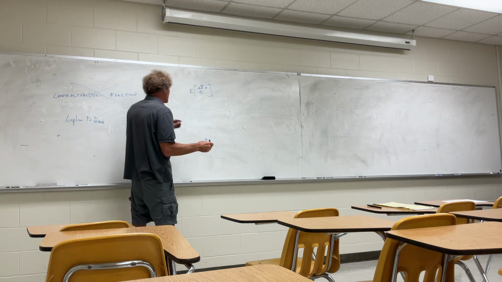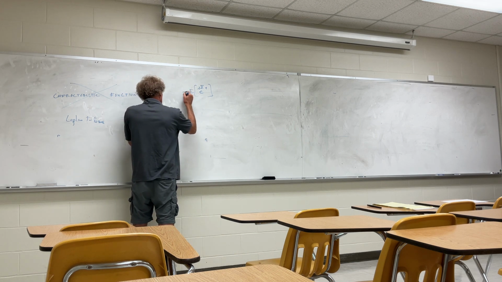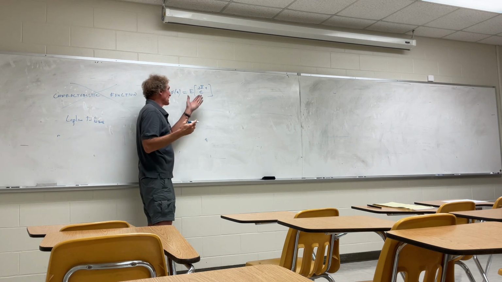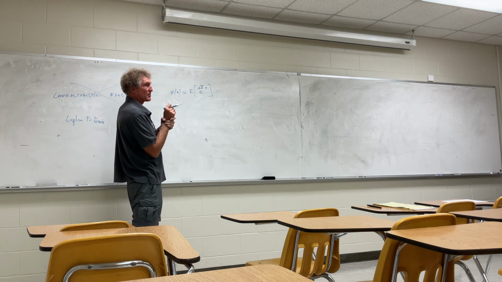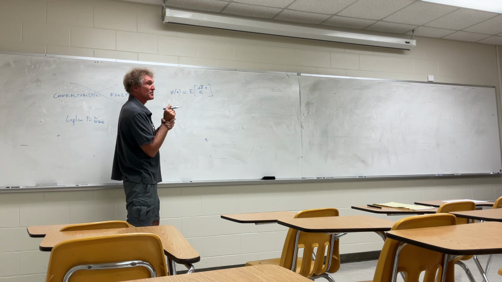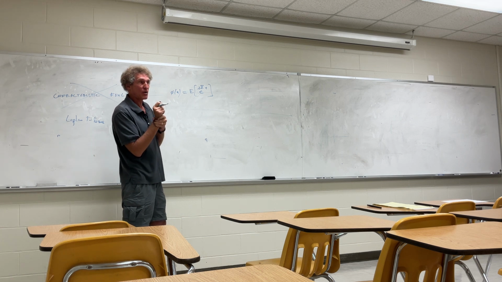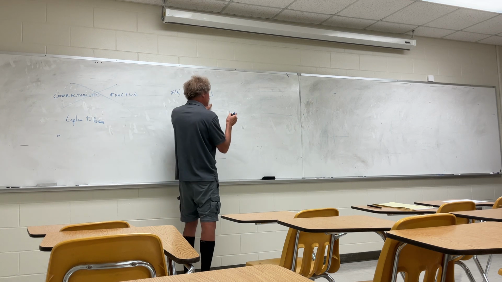You with me? So they want the expected value of something where x is a random variable and u is a transforming variable. That has an extent from minus infinity to infinity. Can you see the Fourier transform coming out of this one? Almost. So what does it actually mean?